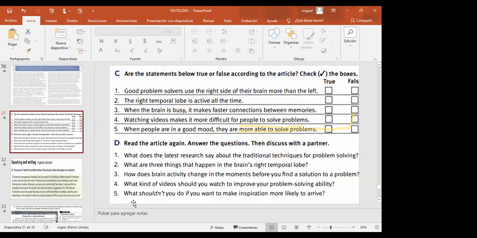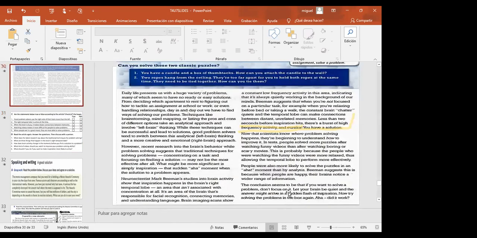Number 5. What shouldn't you do if you want to make inspiration more likely to arrive? We think the answer is in the last paragraph. Let your brain be quiet and the answer might arrive in a sudden flash of inspiration.